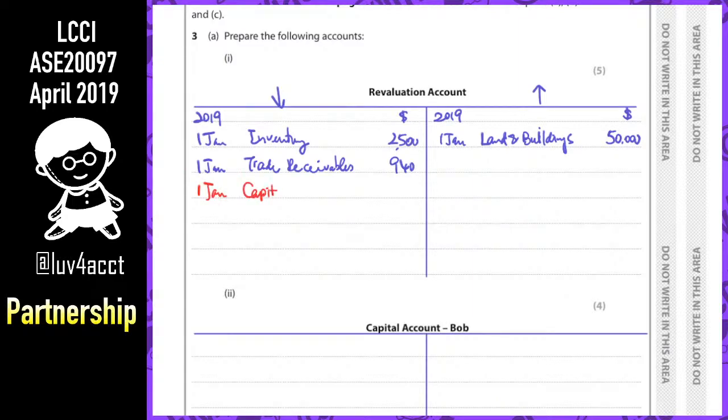So the capital accounts of the three partners, Ali, Bob, and Chanda. 50,000 minus 2,500 minus 940, divided by 3, is 15,520.